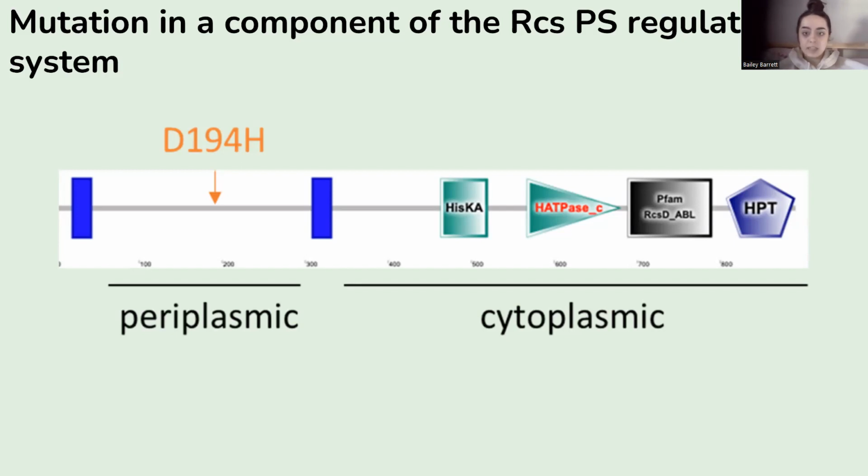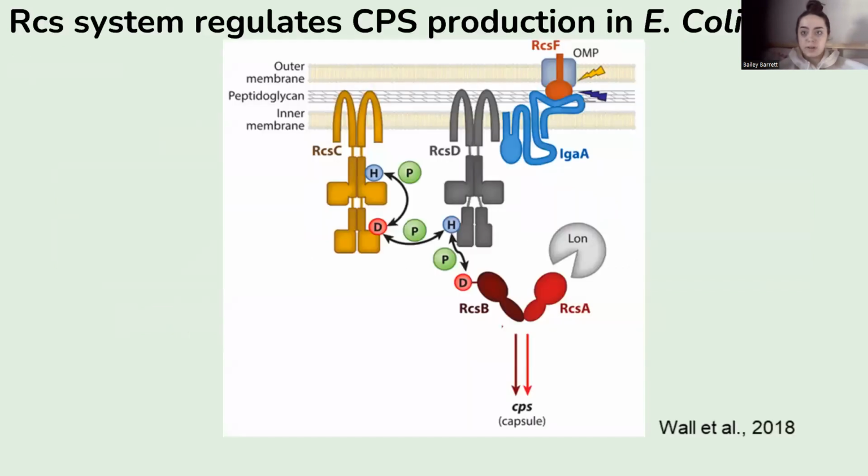RCSD is a part of the RCS system. Right here, it's this McDonald's looking protein, but it's in gray. It interacts with IgaA, and it is partially responsible for cap synthesis. Cap is an extracellular sugar.